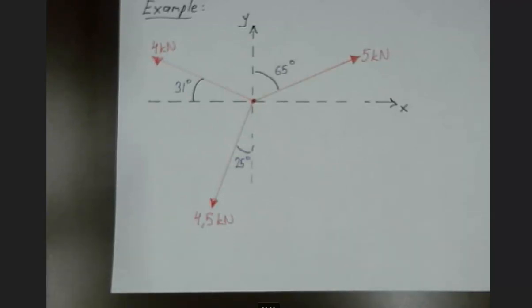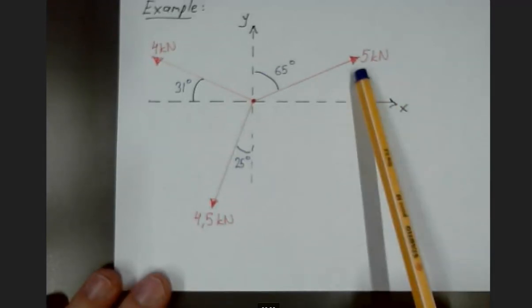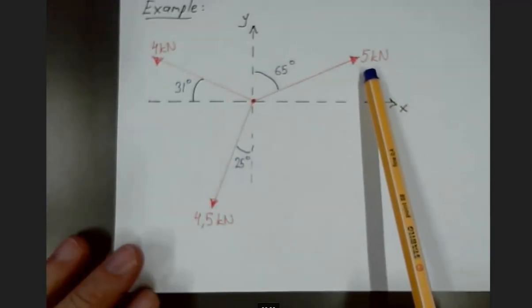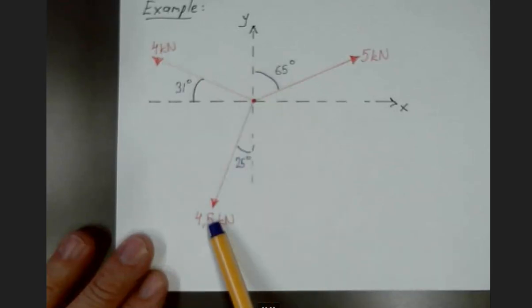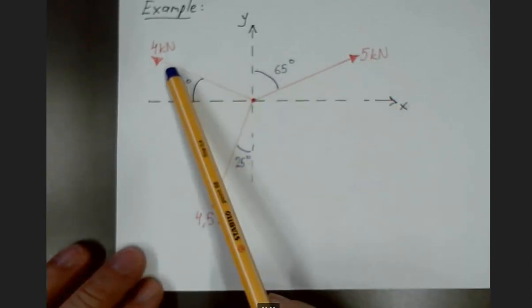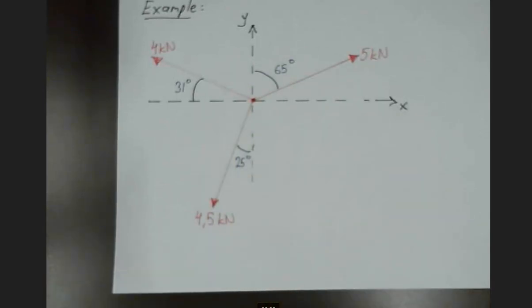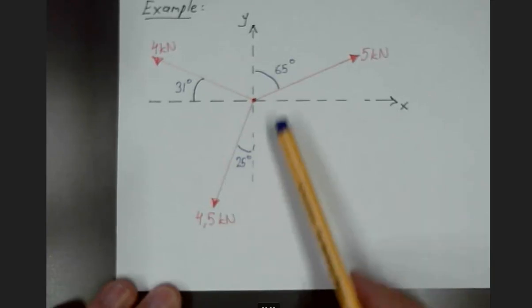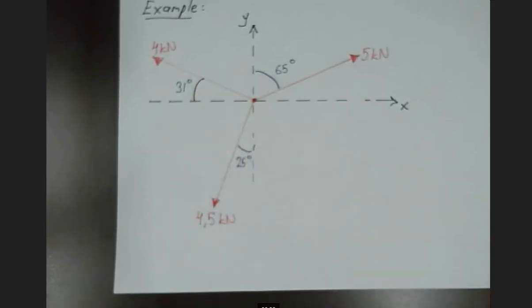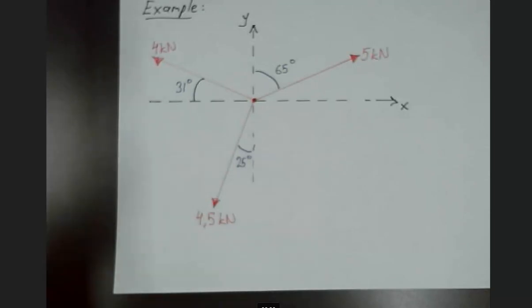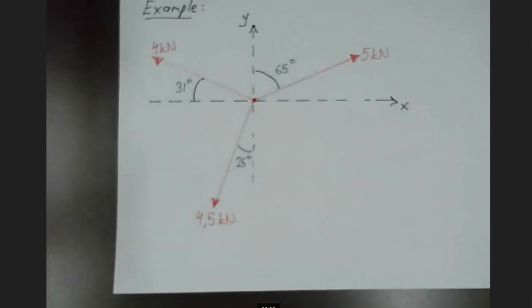We can't just simply add those numbers. Of course, we could do that: 5 plus 4 plus 4.5, the sum would be 13.5. But that is not the correct answer, because these are pointing in different directions, and in the calculation we need to take into account the direction of those forces.